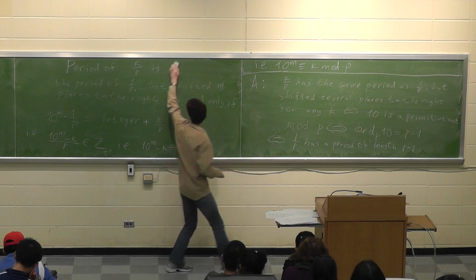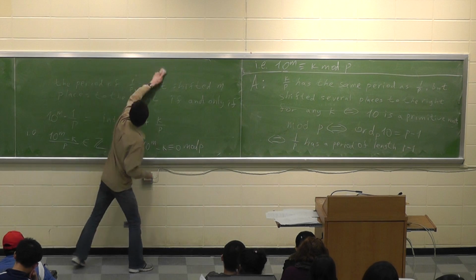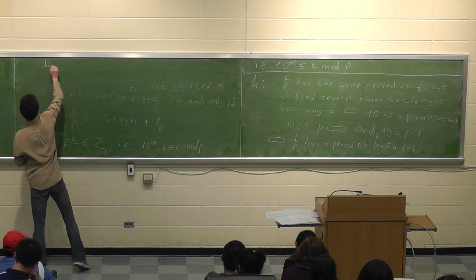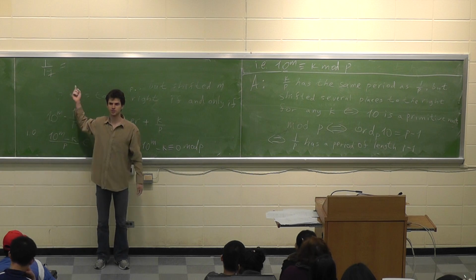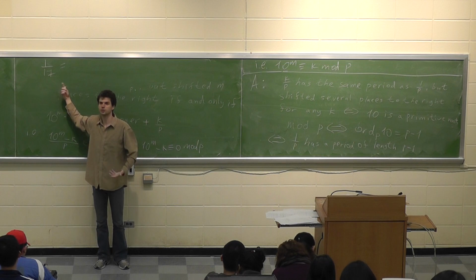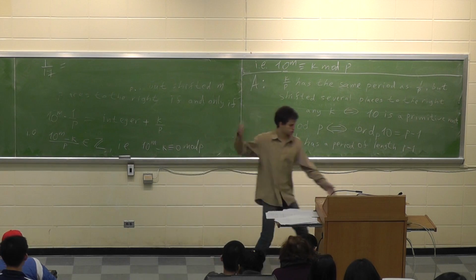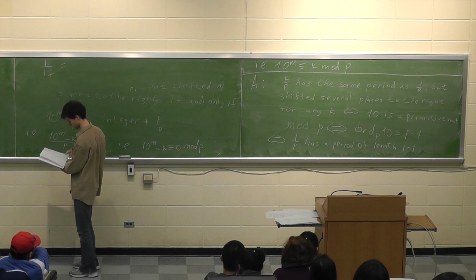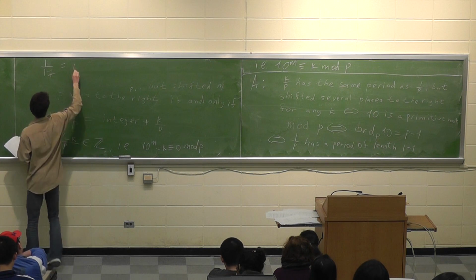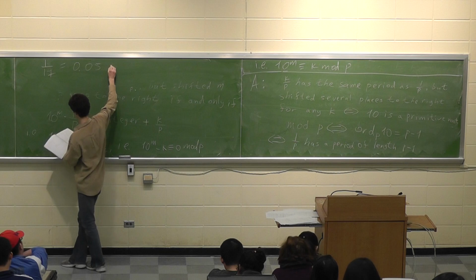I mean, we take 1 over p, let's say 1 over 17. All we have to do to understand whether 17 is a special prime in this sense is just compute this. And 1 over 17 turns out to be 0.05.